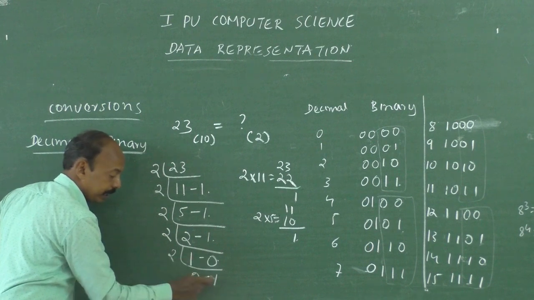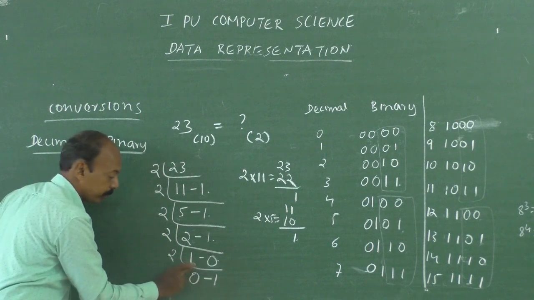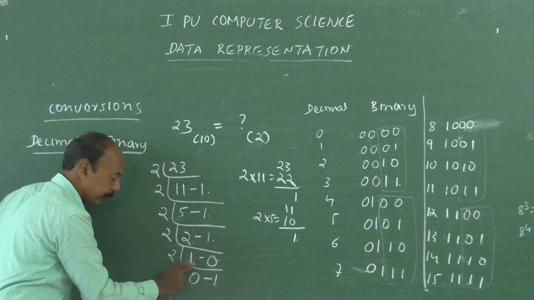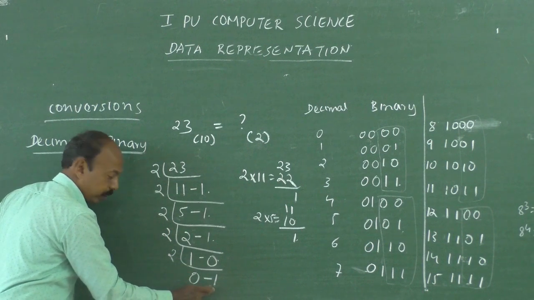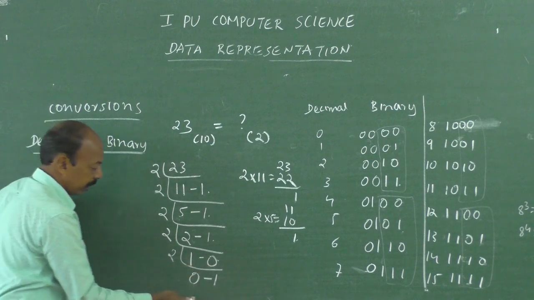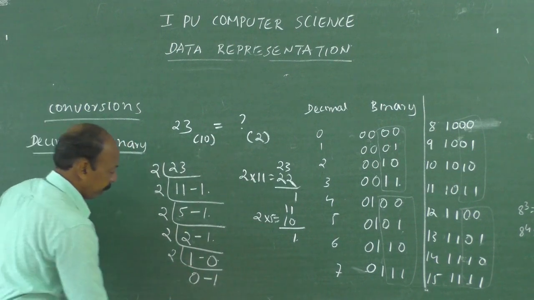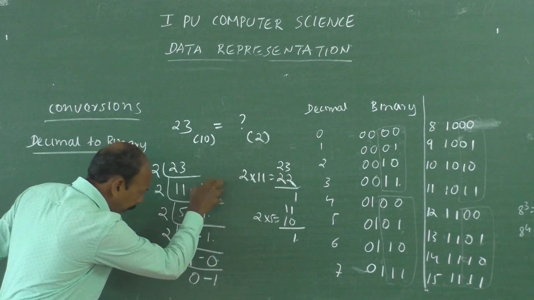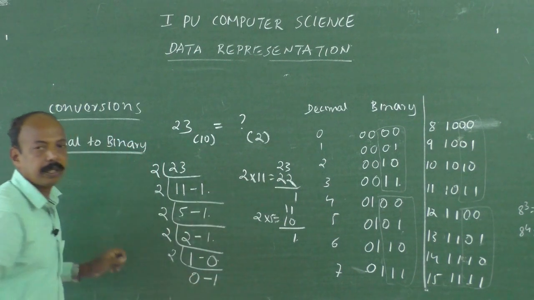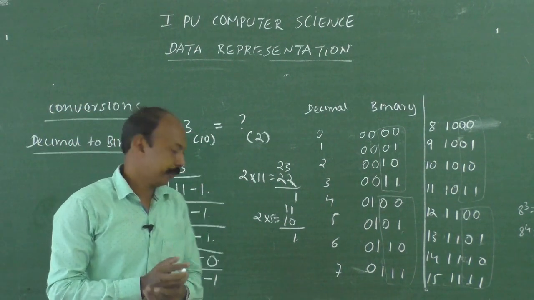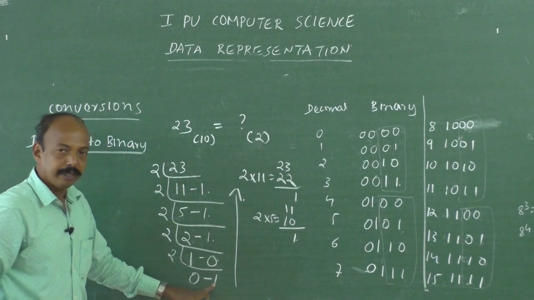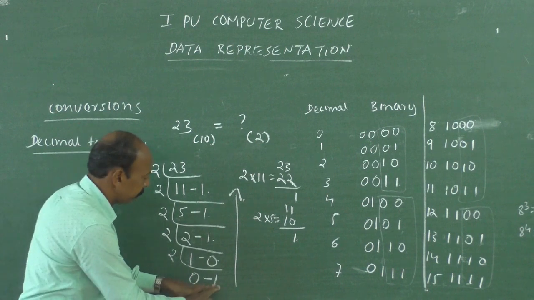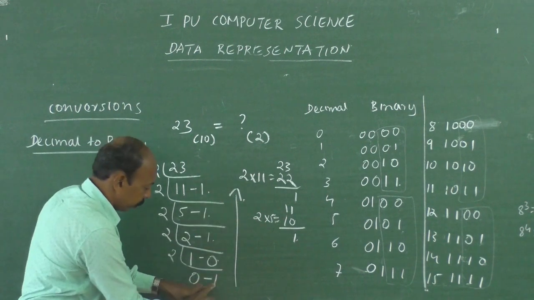Hope here there is no confusion, because we can't write 0.5. Integer part we have to write. 1 we can't divide by 2, because the 1 becomes remainder itself. Once it's done, now we have to look into the remainder part. Start writing the remainder from the bottom to top. What is the last one?